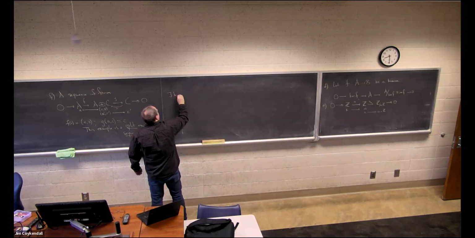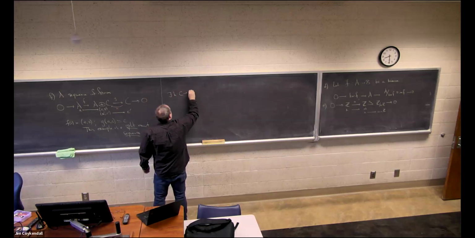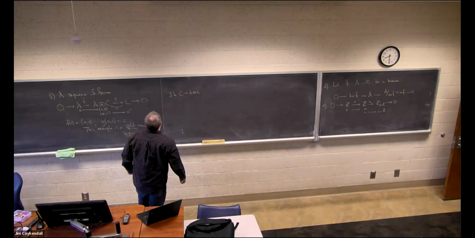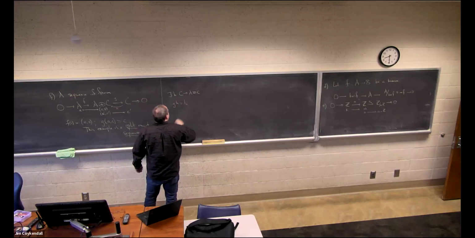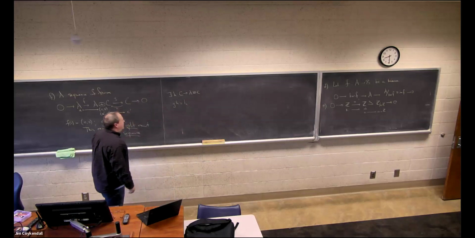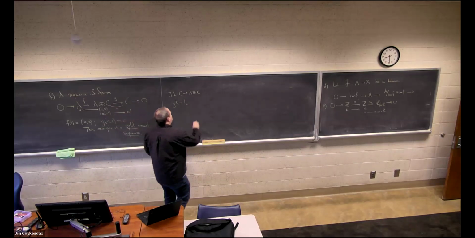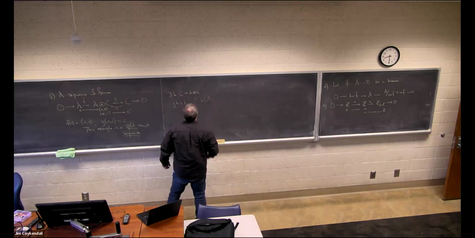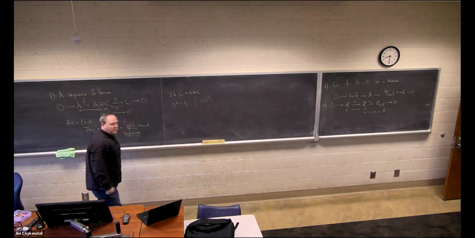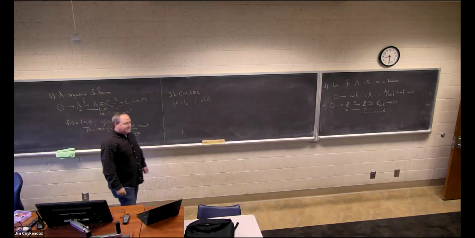There's this H from C to A sum C, such that when you do H, then you do G, it's the identity on C, right? And this H, well, what should it be? H of c is (0, c).